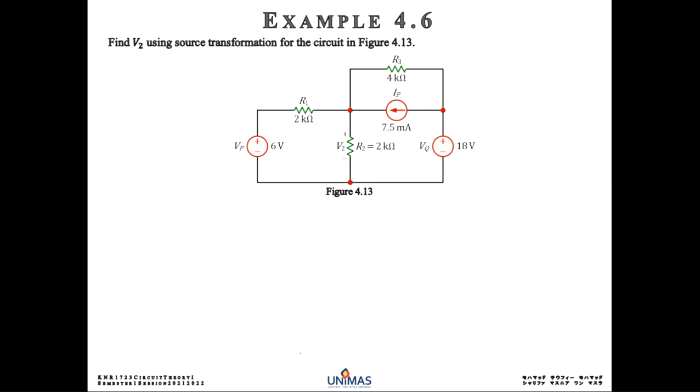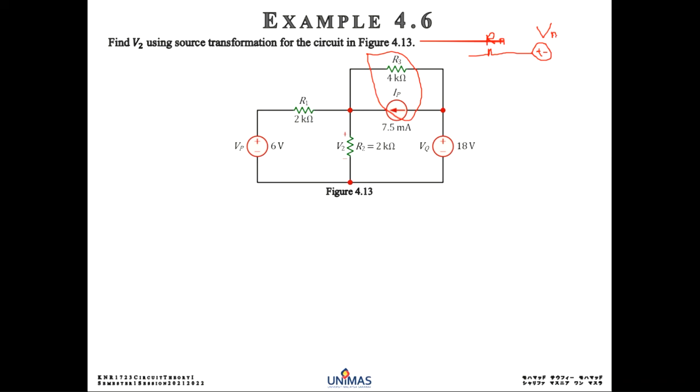Okay, basically kalau you nak transform, what you can see is that if you transform these two, what you have is a resistor and a voltage source. So the polarity is positive, negative, and the resistor R, kita namakan dia, katakan RA dengan voltage source VA.